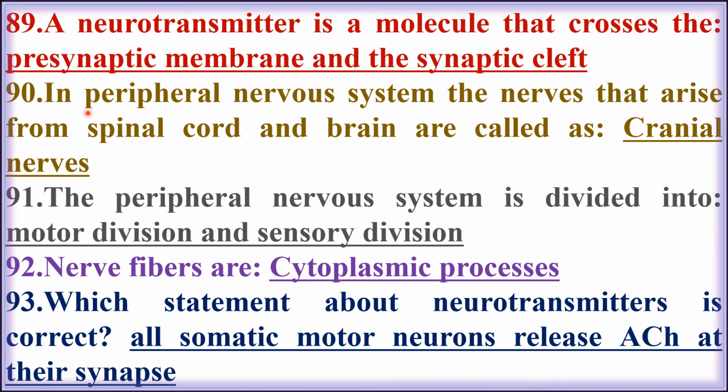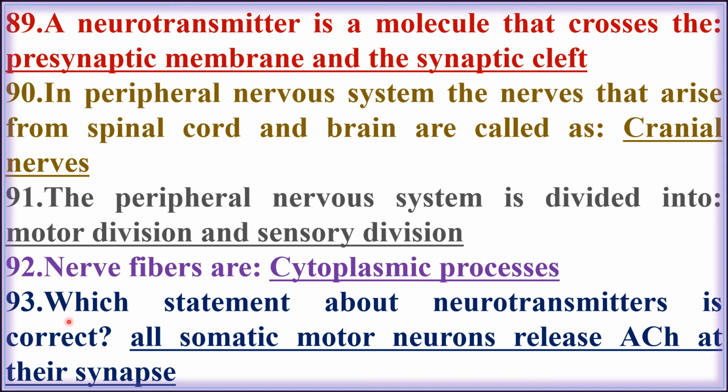Next, in the peripheral nervous system, the nerves that arise from the spinal cord and brain are called cranial nerves. Next, the peripheral nervous system is divided into motor and sensory divisions. Next, nerve fibers are cytoplasmic processes.